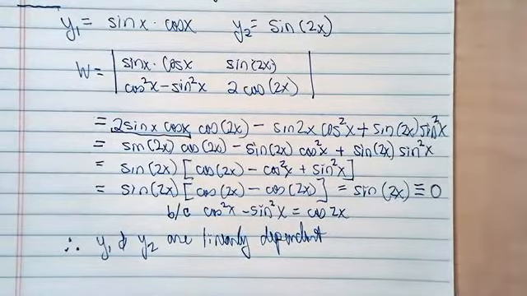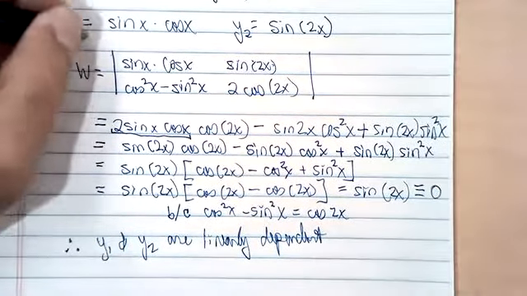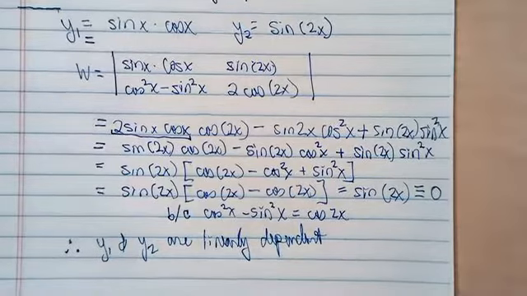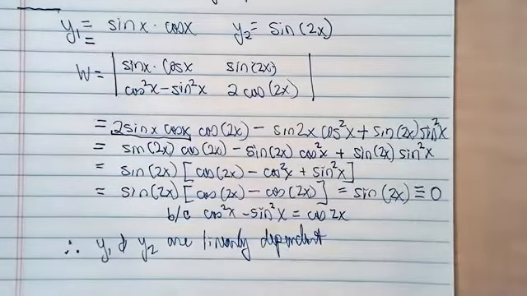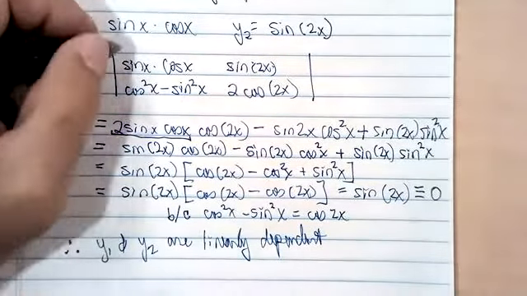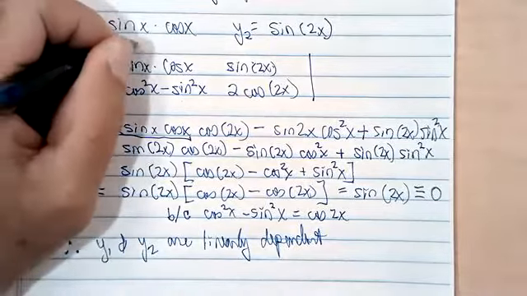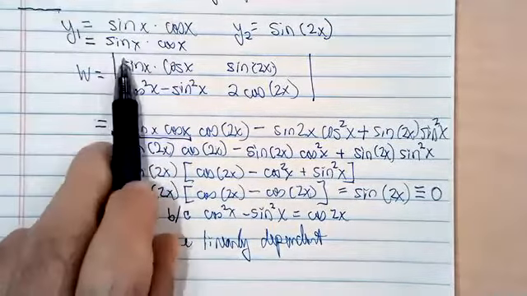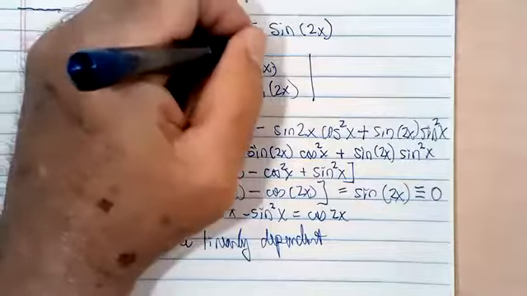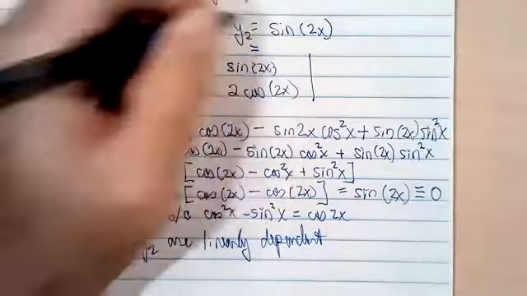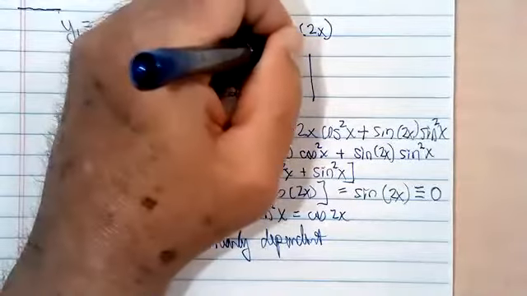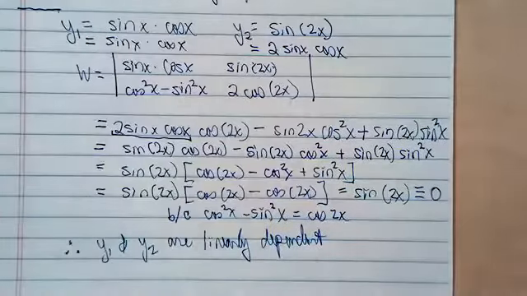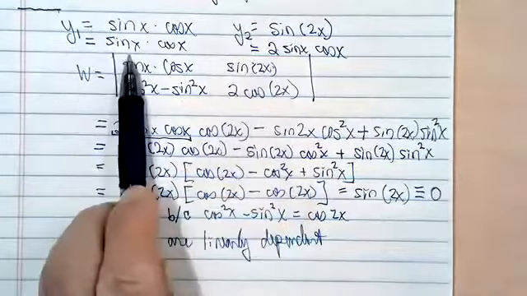And if you know your trig identities, you've probably been sitting here suppressing a snicker, because I set this up so that they would be linearly dependent. Let's leave this one as sine x cosine x. But this, sine of 2x, there is a trig identity that says that's 2 sine of x times cosine of x. And sure enough, y2 is just 2 times y1.